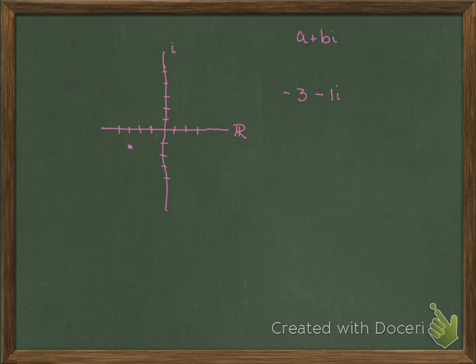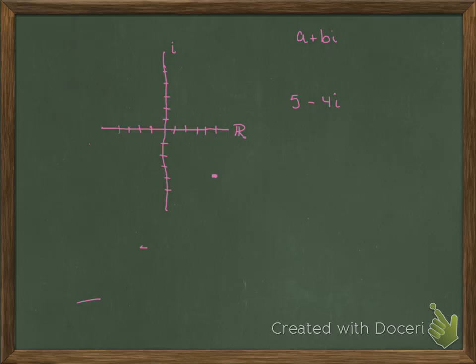Okay, very simple. And then for the last quadrant, quadrant 4, let's graph 5 minus 4i. Okay, so we're going to go 5 to the right and down 4. 1, 2, 3, 4, 5. 1, 2, 3.